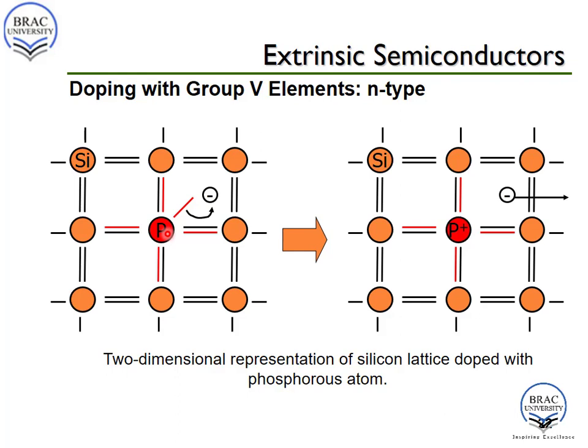As we know, in a semiconductor structure, each silicon atom forms a single bond with 4 of its neighboring silicons. So in this structure, to continue the formation of the structure, this phosphorus will also create 4 single bonds with 4 of its neighboring silicons.